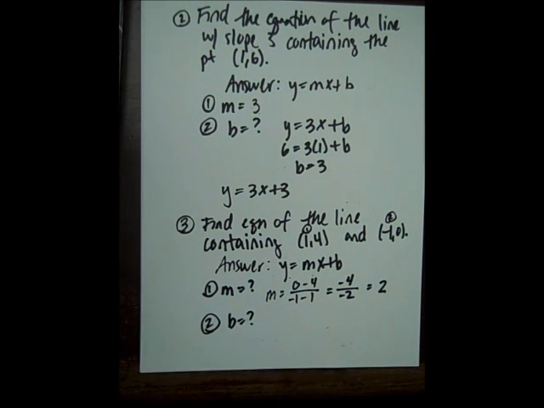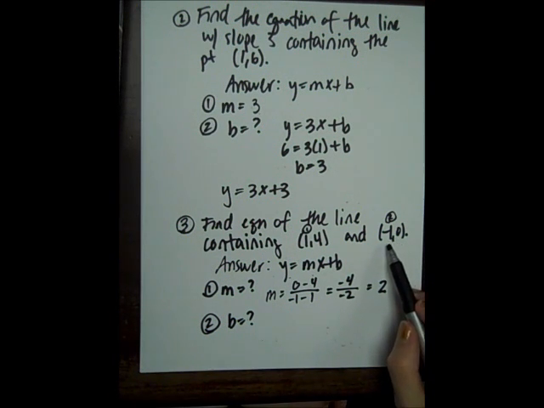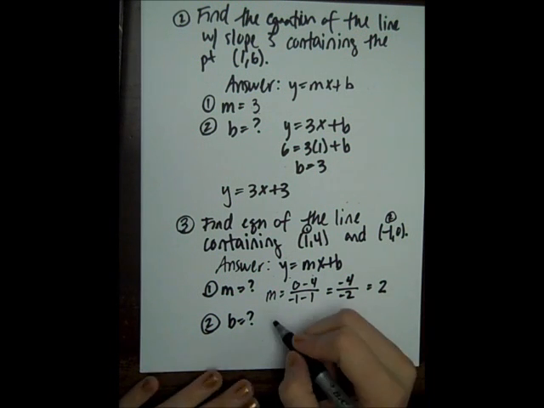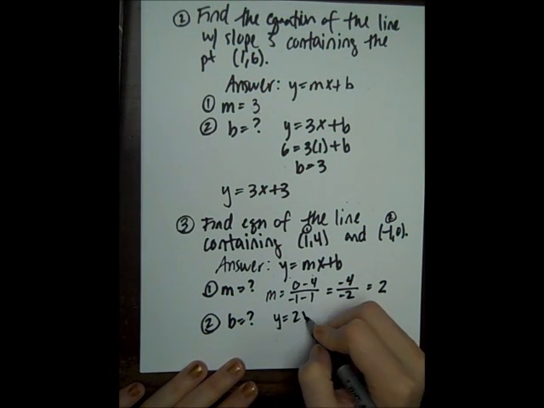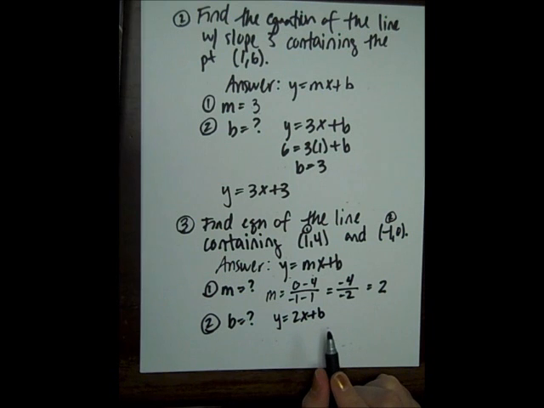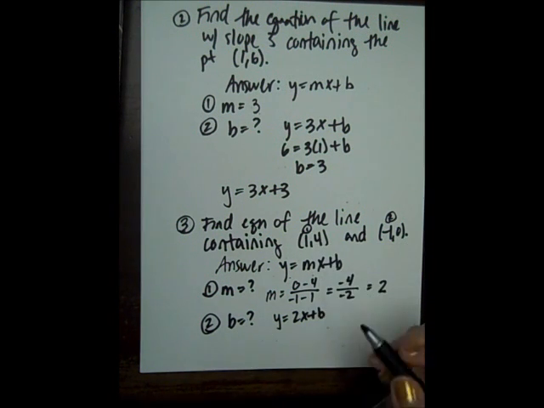Does the problem give me my y-intercept? You might think it does, but this is an x-intercept. This is not a y-intercept. So far I have y = 2x + b. To figure out b, I'm going to plug in one of my points. It doesn't matter which one you choose, you're going to get the same answer. Let's say I choose my first point, (1, 4). This says when x is 1, y has to be 4.